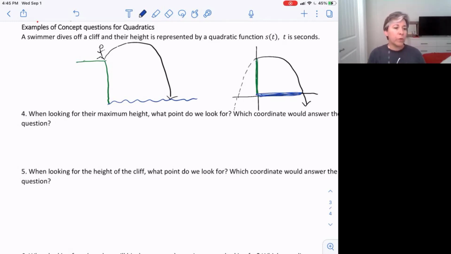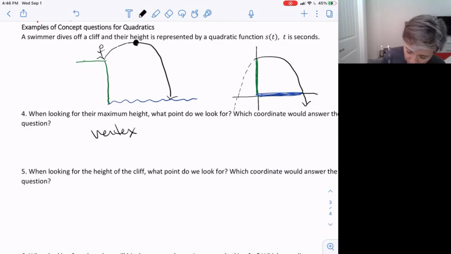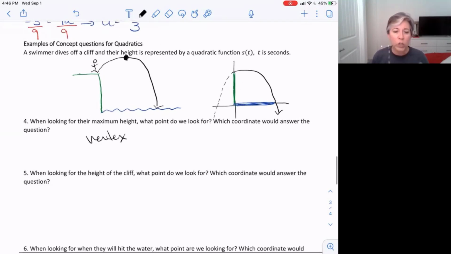So in question 4, it says, when looking for their maximum height, what point are we looking for? So we can look at the picture. The maximum height would be up here. And what do we call that point? The vertex. And when looking for that maximum height, we look for the vertex. Then it asks which coordinate would answer the question.